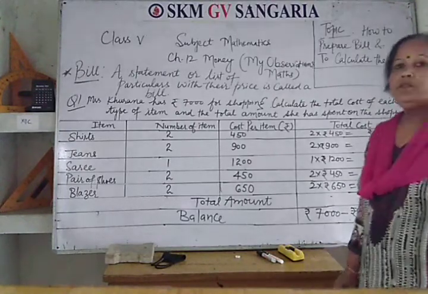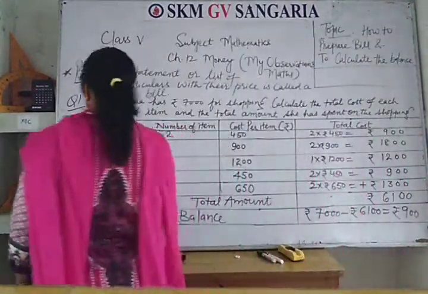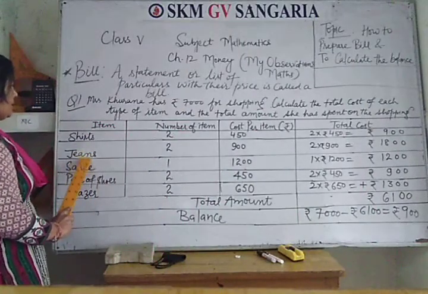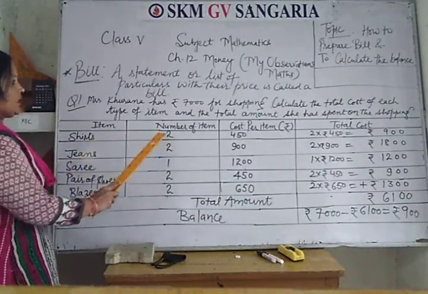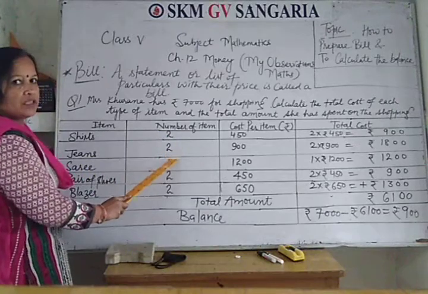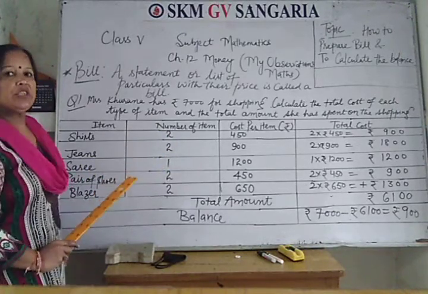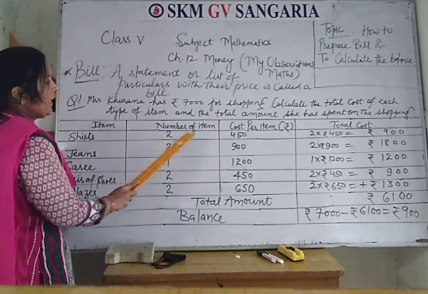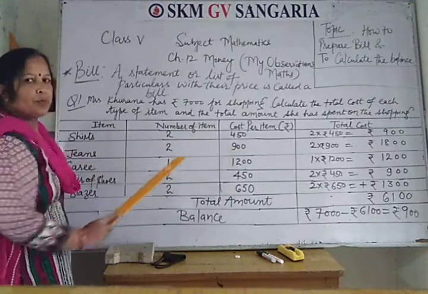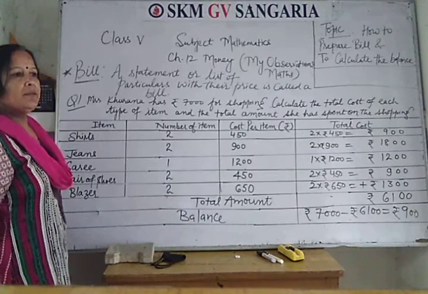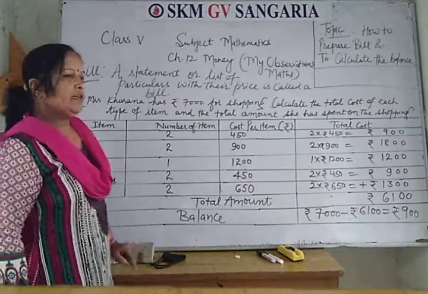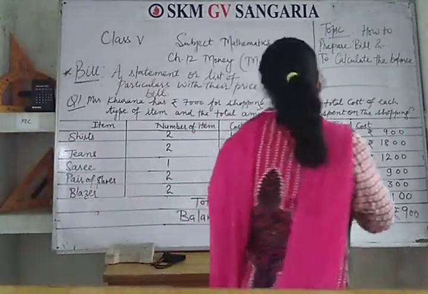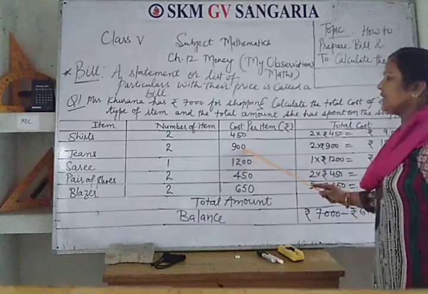Then jeans. The next item is jeans. The number of items she has purchased is 2. 2 jeans were purchased by Mrs. Khurana and the price per jean is rupees 900.